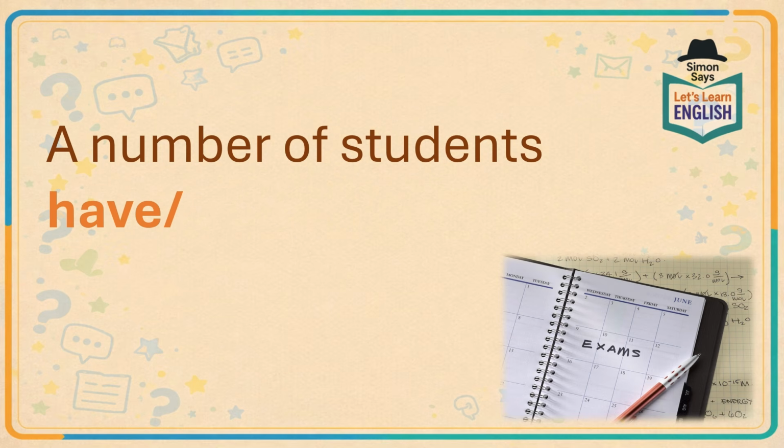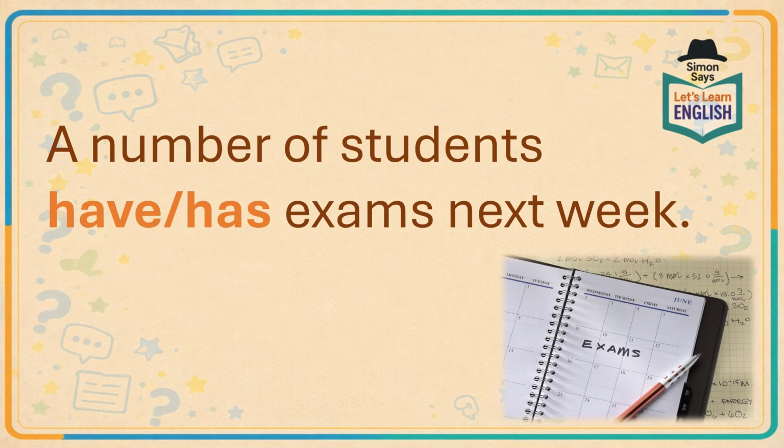A number of students have or has exams next week. So what's the main thing that this sentence is talking about? A number. This sentence is talking about a number of students. So are we talking about one student or are we talking about more than one student?